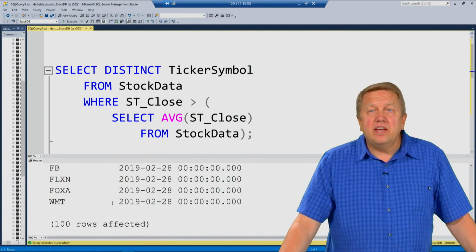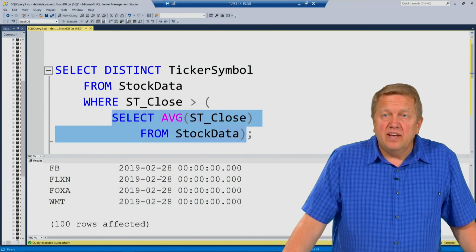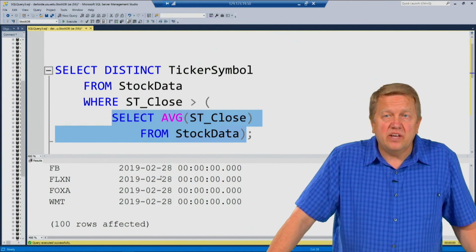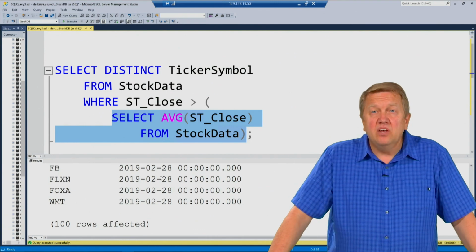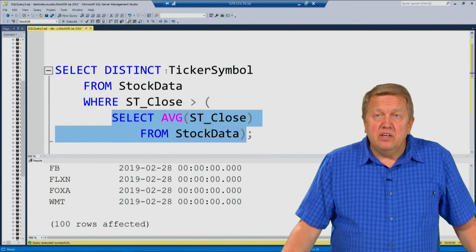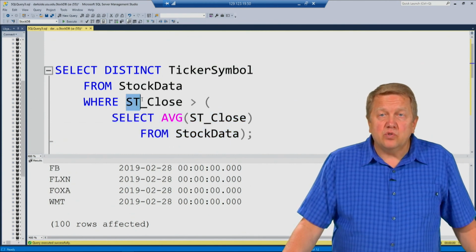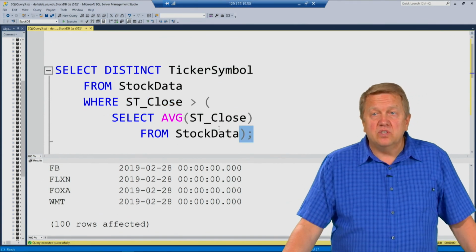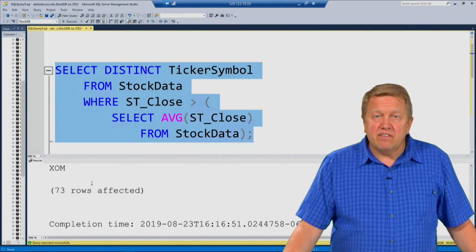So the inner part of the query, or the subquery here, calculates the average closing price for all stocks for all days in the entire stock data table. Then the outer part of the query says, give me the ticker symbol for stocks whose closing price traded higher than the average.